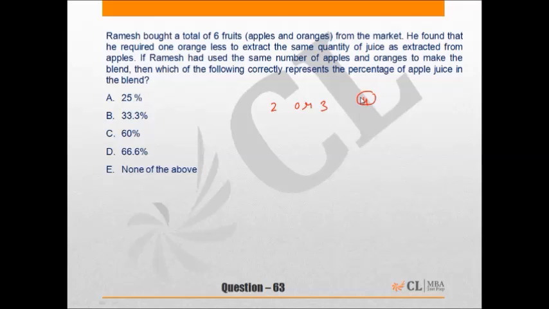Now it is asking, if Ramesh had used the same number of apples and oranges to make the blend, then which of the following correctly represents the percentage of apple juice in the blend?